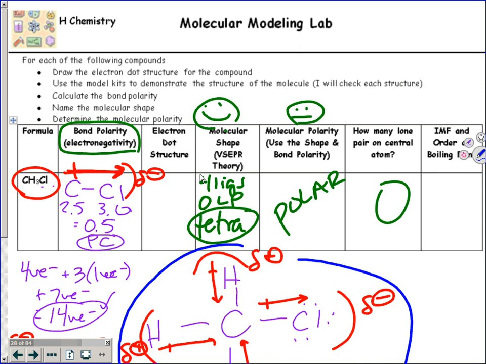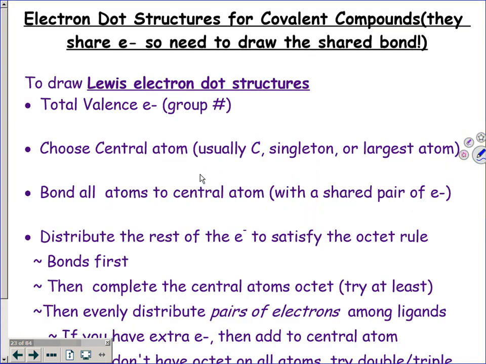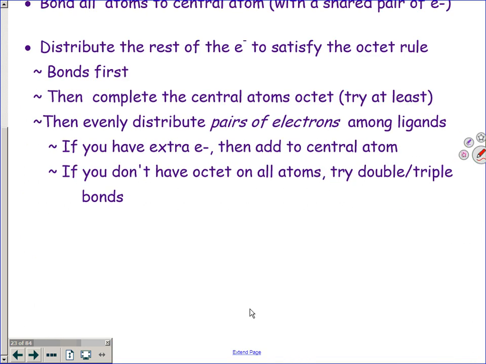Let's just go in order. If you sketch everything in an electron dot, do a better job on the back.